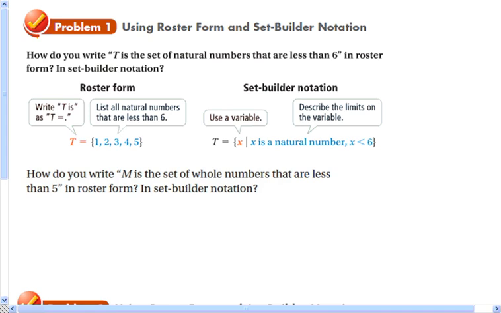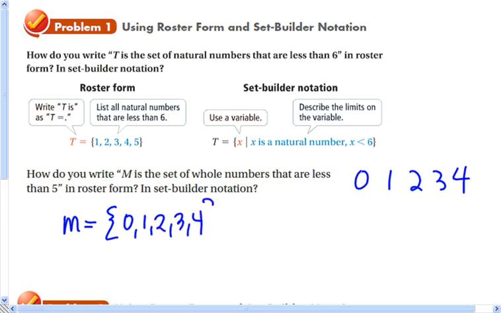Here we're going to write M is the set of whole numbers that are less than 5. Whole numbers less than 5 include 0, 1, 2, 3, and 4. In roster form, we just list those, so we say M is equal to brace 0, 1, 2, 3, 4. In set builder notation, we say M is equal to brace, and we use X to represent all the members of the set.